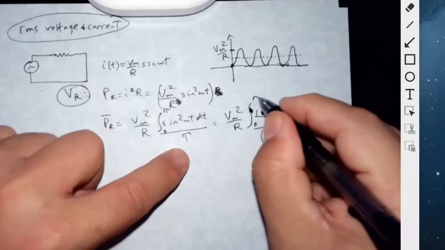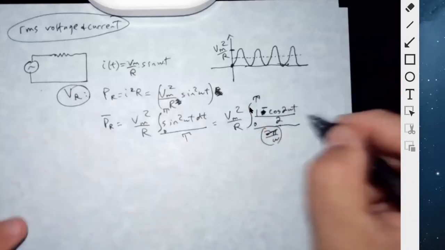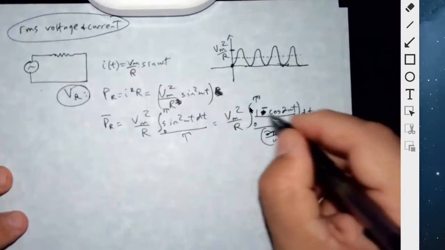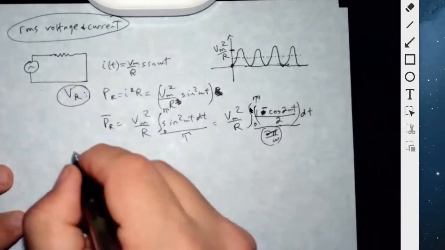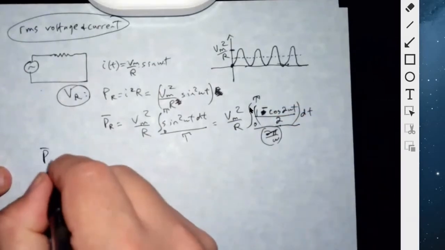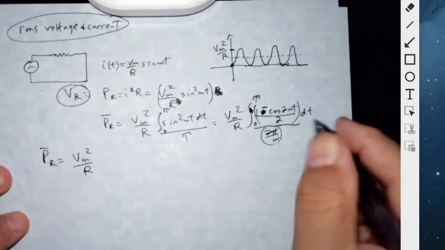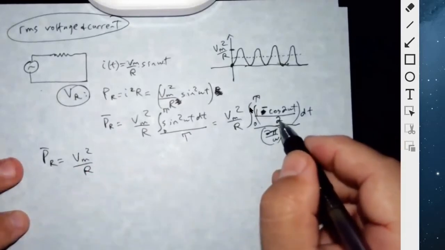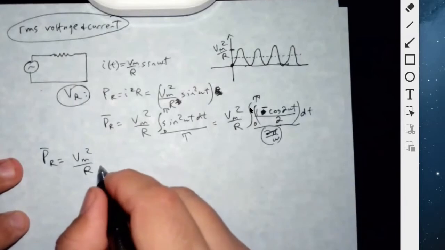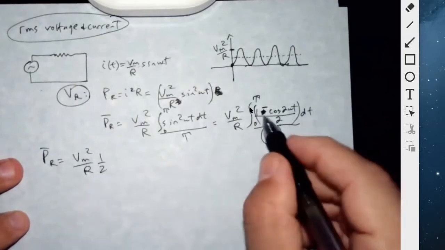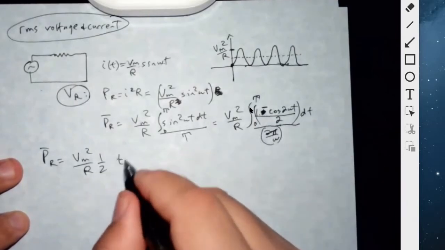From 0 to the period, dt. P average is Vm squared over R. Okay, now the 2 can come out. Then the integral of 1 is just going to be t.